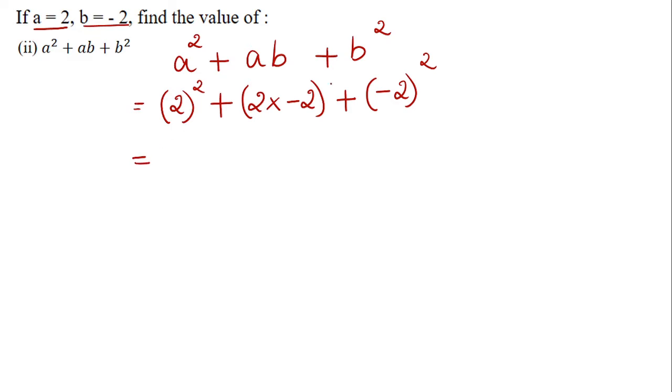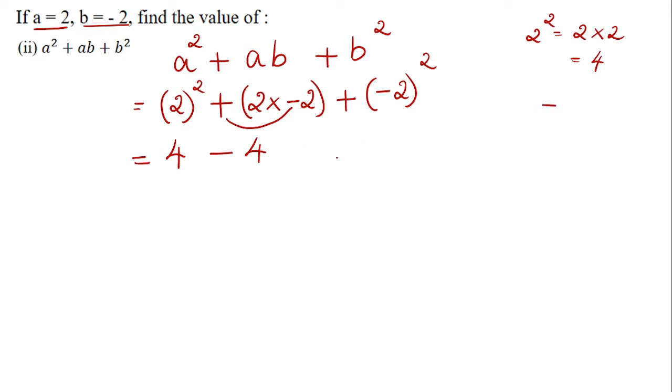So that's equal to 2 square is 2 into 2, that's equal to 4. Plus into minus, we are talking about this. Plus into minus is minus. 2 into 2 is 4.